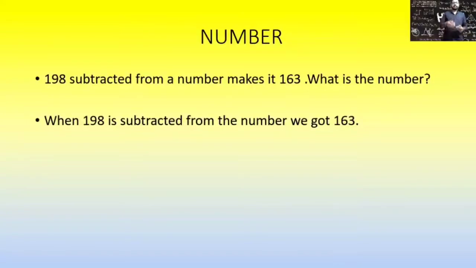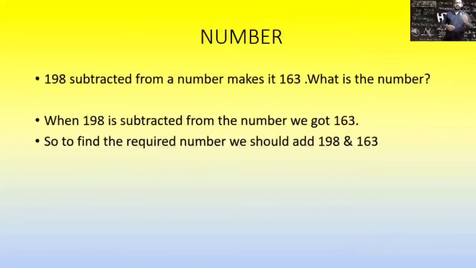When 198 is subtracted from the number, we got 163. This is only a mathematical statement. Clear? If we want to find that number, we have to change this 198 subtraction to 198 added to 163. So to find the required number, we should add 198 and 163. Are you following me?